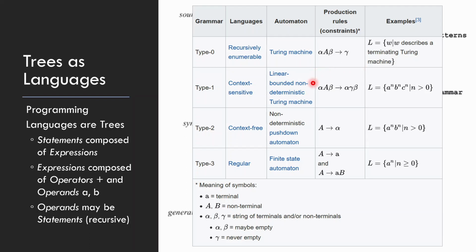And the more complex the language we get, or actually it's more complex on the way up here, type 0 is the most complex, the more complex languages we get, the more sophisticated our production rules can be.